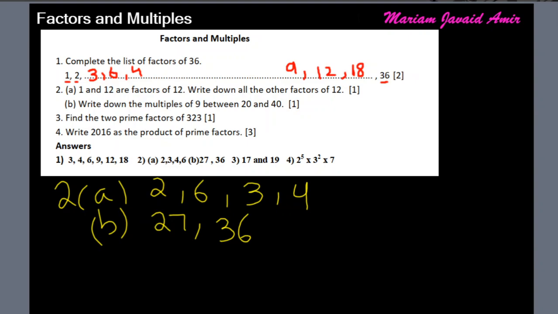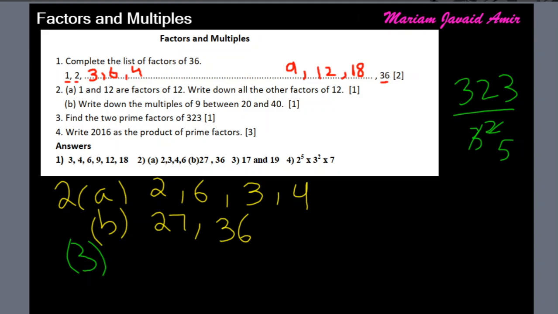Question 3, find two prime factors of 323. You can grab your calculators and simply start dividing 323 by the prime numbers. 2 is the first prime number, and you'll notice that you're not getting a whole number. Then you'll try 3, which is also a prime number, then you'll try 5, and so on.